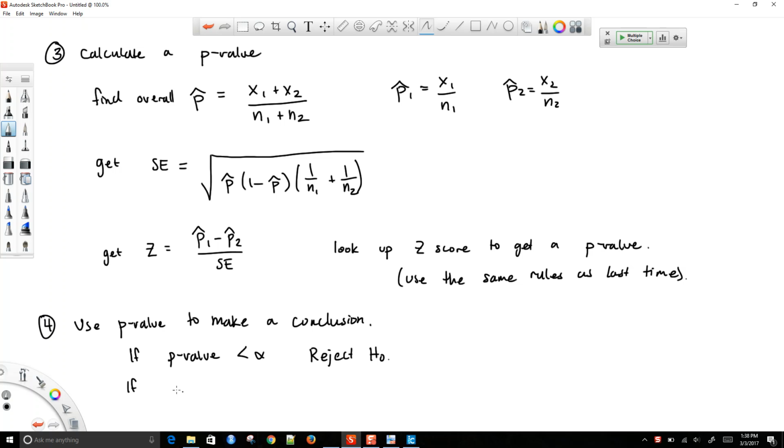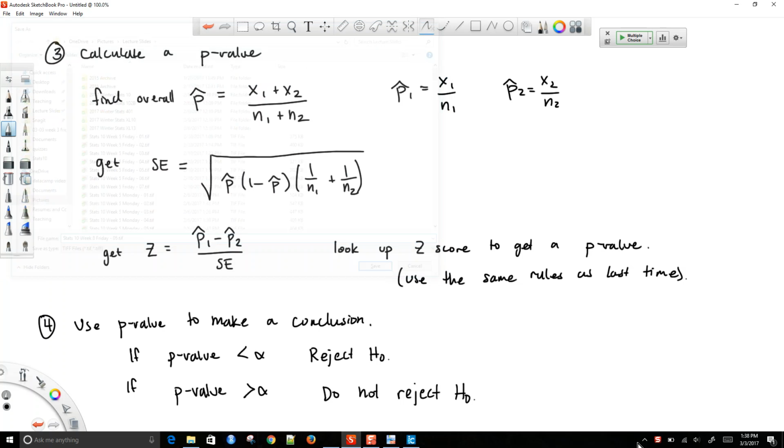If the p-value is greater than alpha, do not reject the null hypothesis. Okay. All right, is this okay?